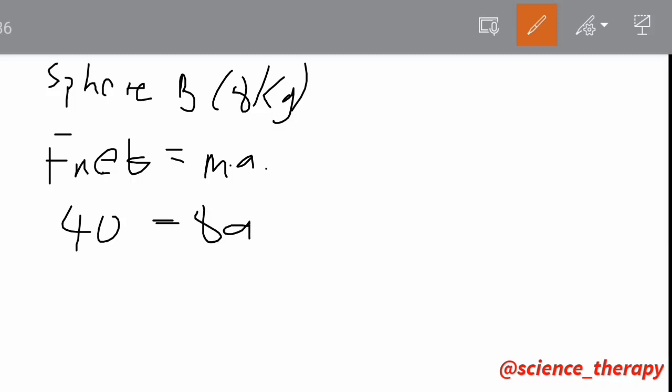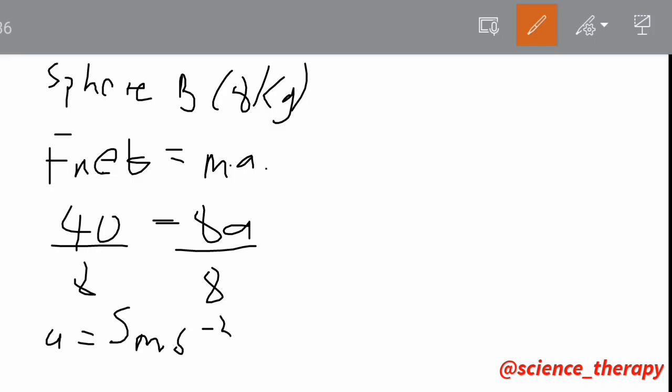And we are looking for the acceleration here. So we're going to divide both sides by 8. Then our acceleration for sphere B will be 5 meters per second squared. But remember, this acceleration for the 8 kg block is also the acceleration for the m kg sphere because they're all moving as a system, right?